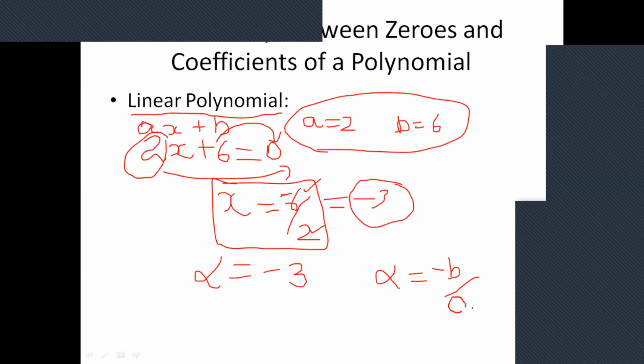In general, the relationship between the zero and the coefficients in the case of a linear polynomial is alpha equal to minus b divided by a. Since b is the constant term, they write it as minus constant term divided by the coefficient of x. That is also correct.